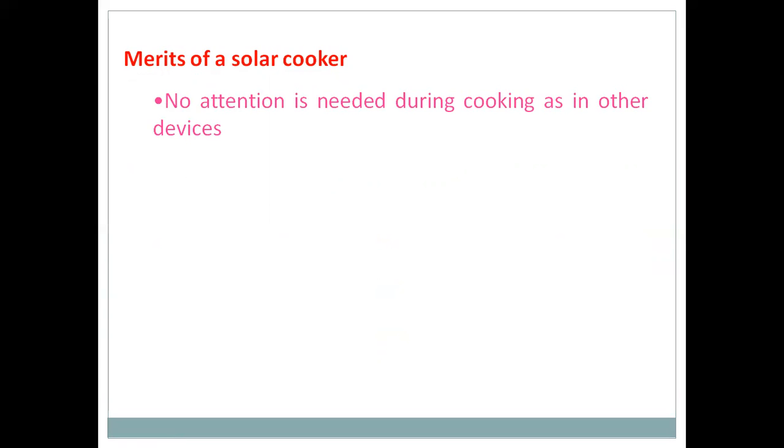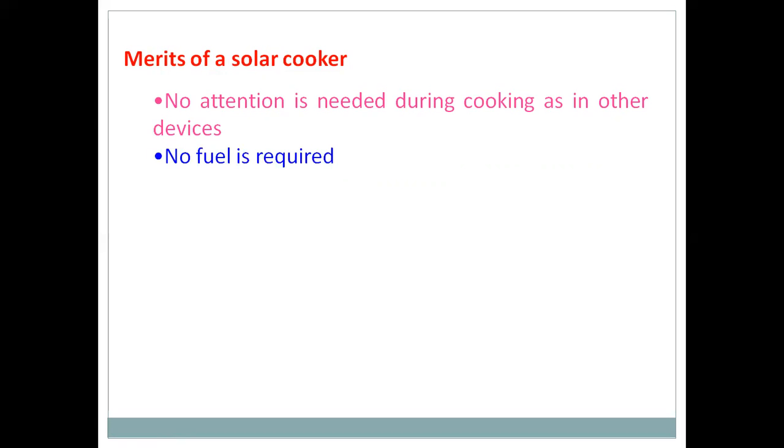But in this case, no special attention is required once the cooking material is kept inside the box and put out in the solar radiation. Then we can manage all the remaining work. After 2 to 3 hours, depending on the cooking time, when you come outside and bring it back, the food is ready.